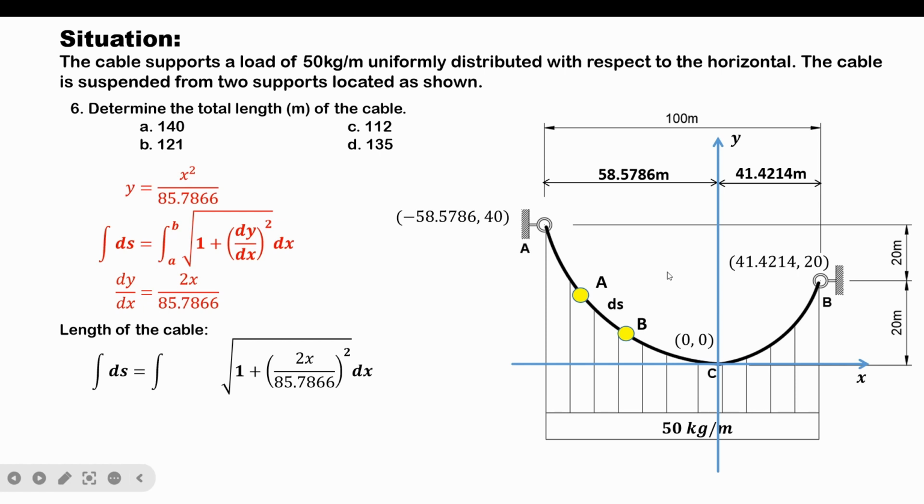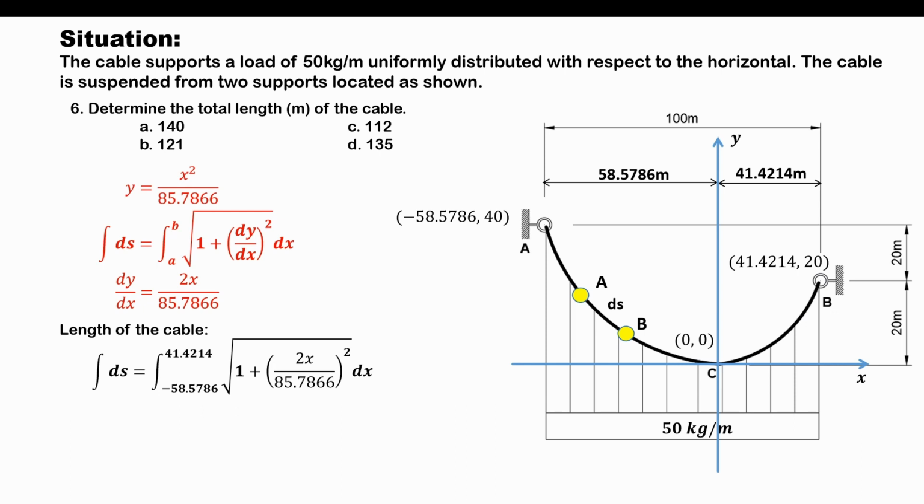Again, the differential variable here is dx. That's why our limits would be the x coordinates of the start and end points of the parabolic cable. So the start would be the x coordinate of A, which is negative 58.5786, and the end limit would be the x coordinate of point B, which is 41.4214.